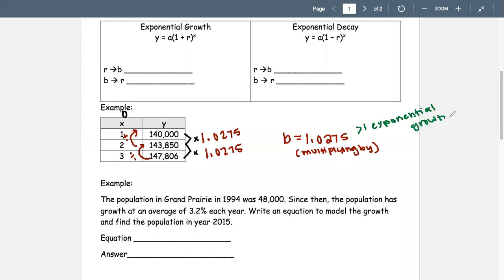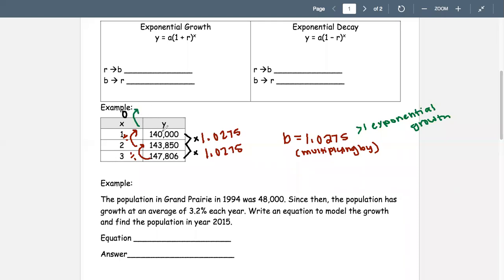So how do I find my A value? Perfect. If each time it's multiplying by 1.0275, I have to go backwards one more time to get to 0.